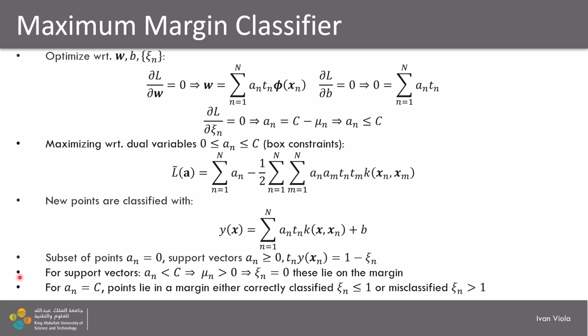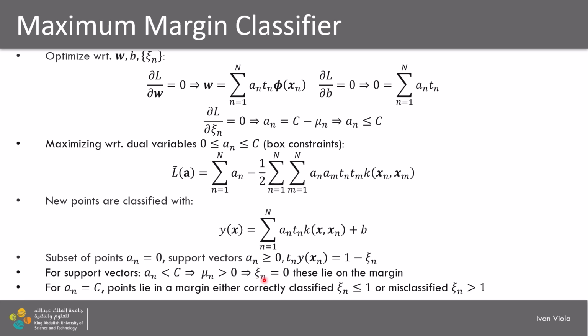If the support vector has an associated a_n which is smaller than C after the optimization has converged, then that means that mu_n is bigger than 0, because we have the formula that a_n is equal to C minus mu_n, and if this is smaller than C, then mu has to be non-zero, so it has to be bigger than 0. Then we have another constraint that mu_n and the slack variable together as a product need to be 0.